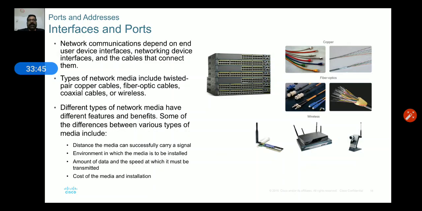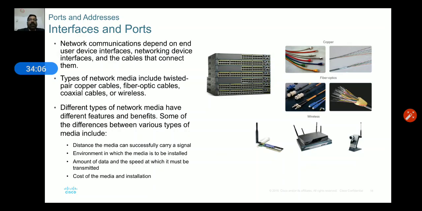The next thing is the environment in which the media is to be installed. For example, if the building is very old or traditional and you are not allowed to install the wired network, in that situation you can go for wireless media.